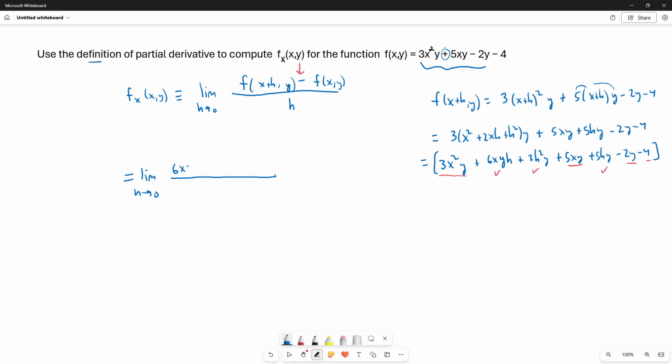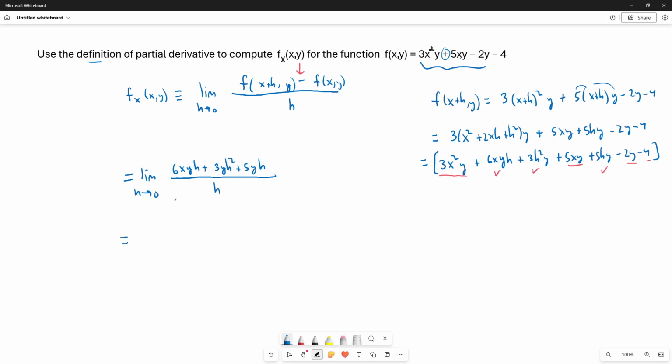6xyh plus 3yh squared plus 5yh. Just trying to be consistent here. I've scrambled up my y's and my h's over there. Here I put the y before the h.